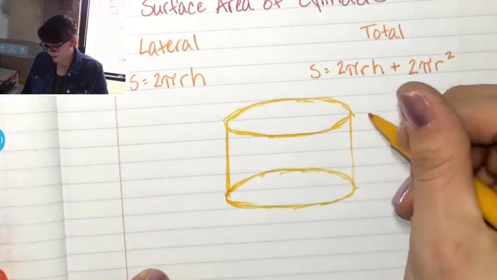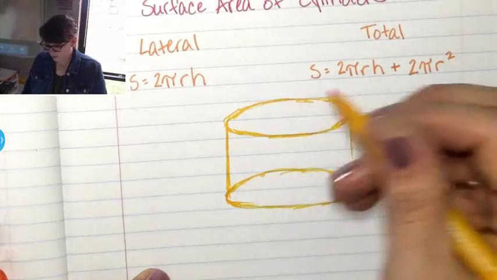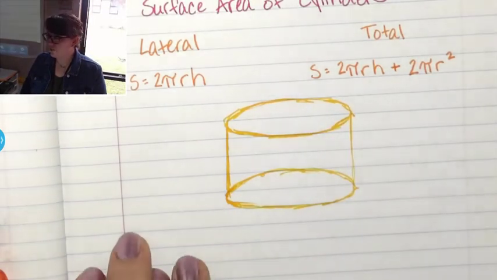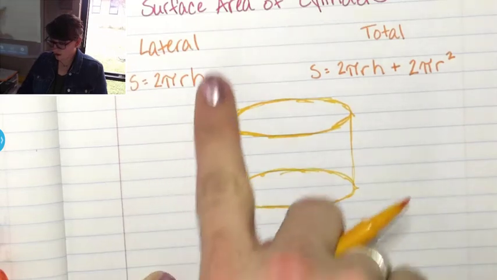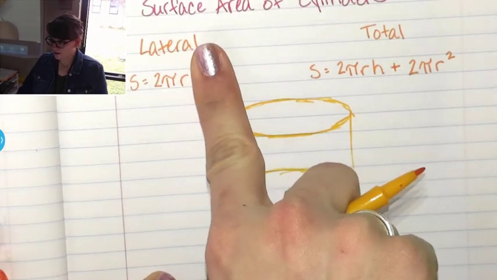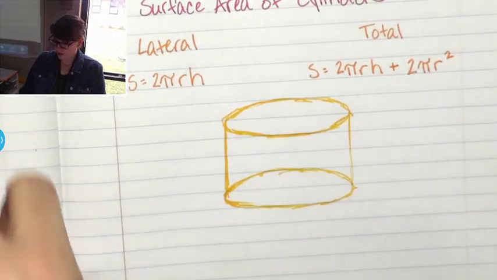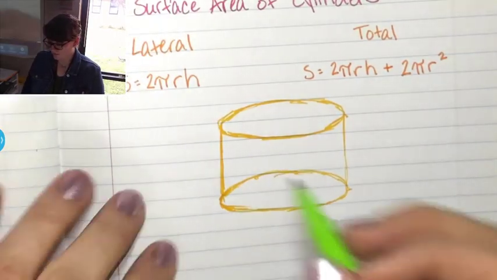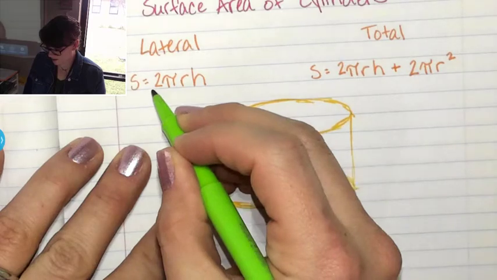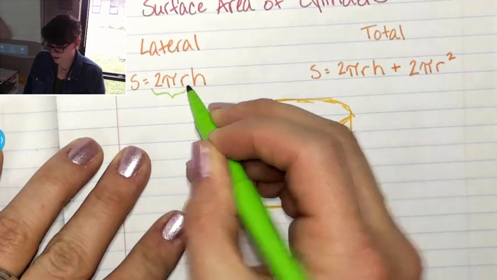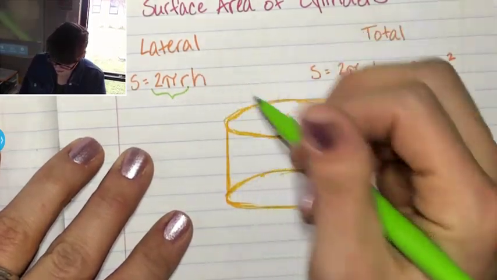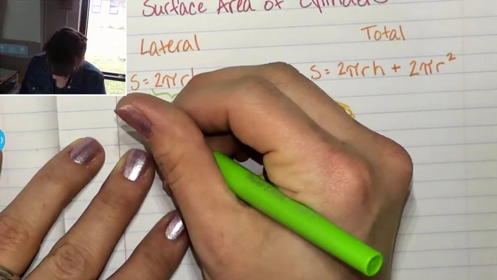If we look at our formula closely, 2 pi r, what is that the formula for? Does anybody remember? What about the circle? 2 pi r, circumference. This is the circumference formula.